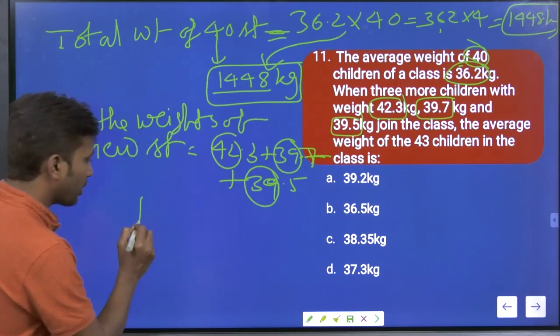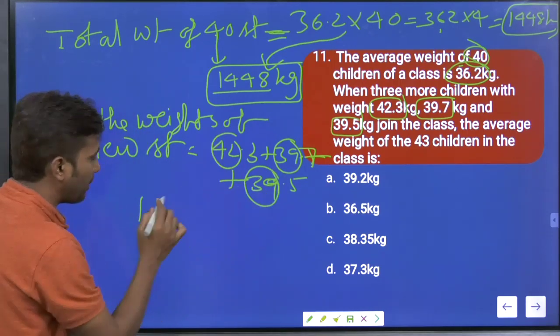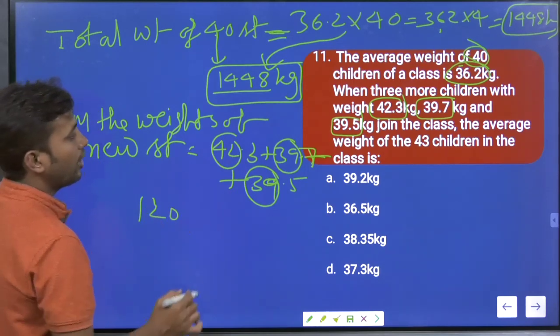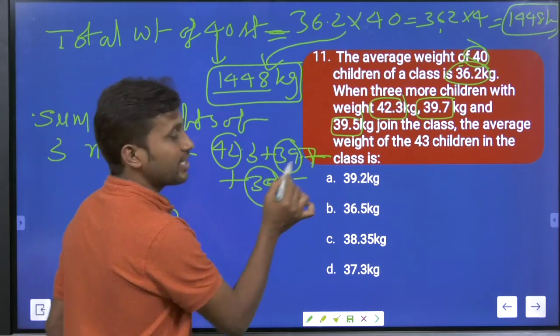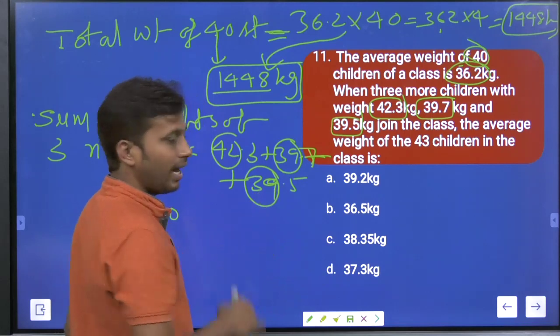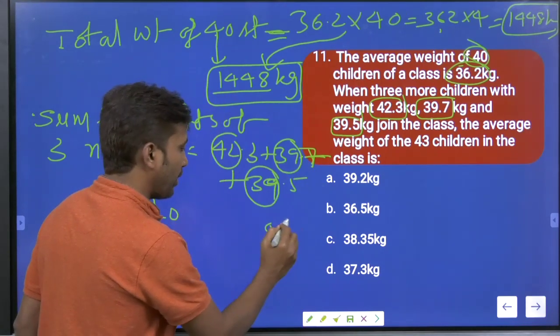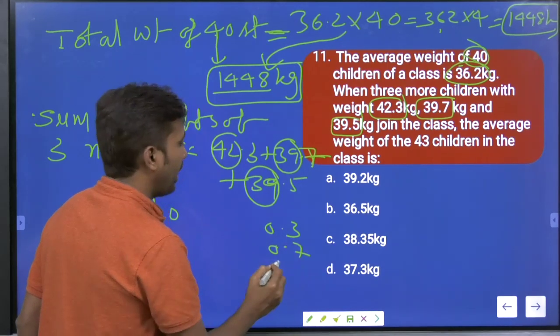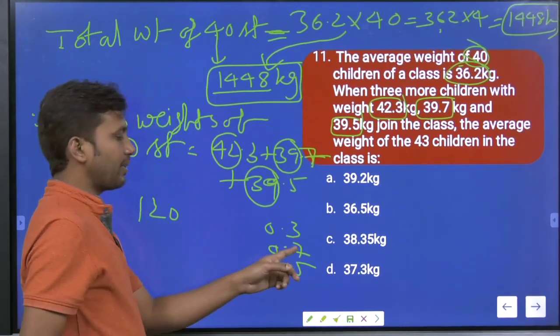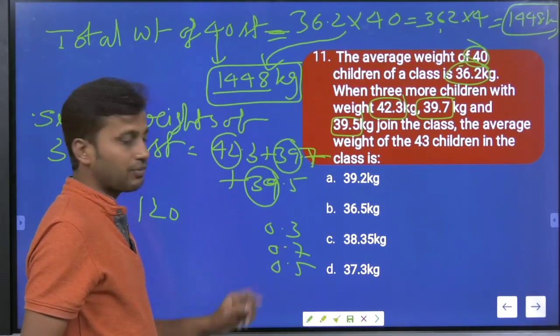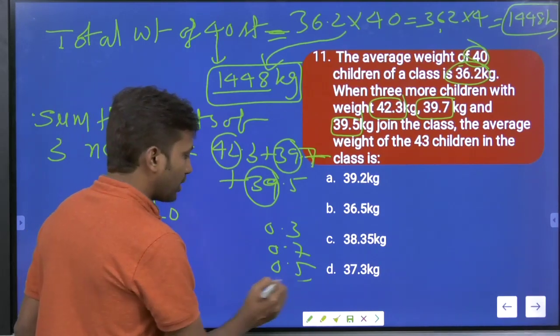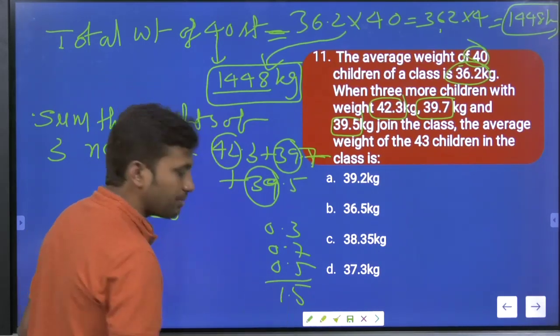So here your integral part would be 120. And now tell me, guys, here 0.3, 0.7 and 0.5. Adding these three, 7 plus 3 is 10. 10 plus 5 is 15. So this would be 1.5, and we need to keep the decimal after one place.